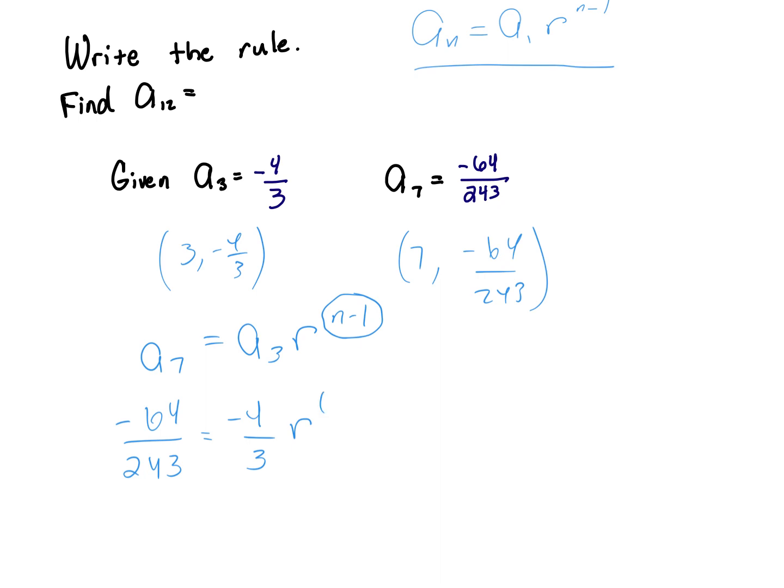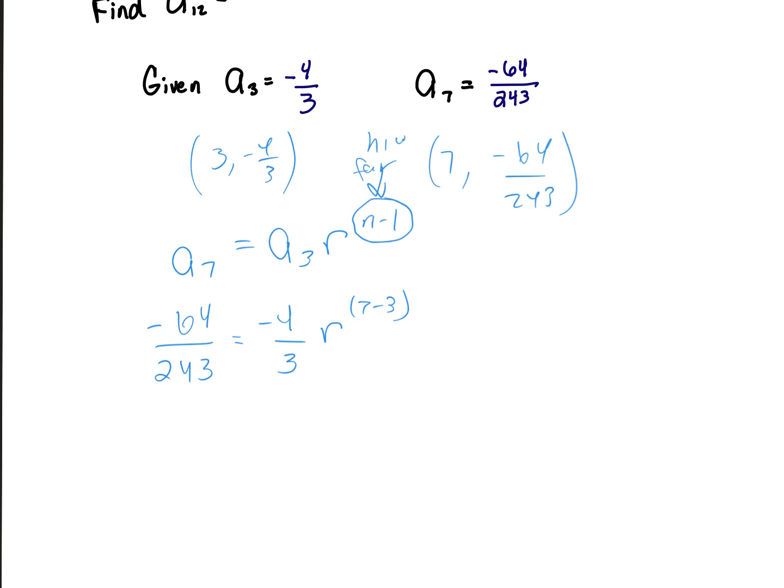So just say to the 7 minus 3 power. This is what this is going to tell us. So if we simplify this, negative 64 over 243 equals negative 4 over 3, R to the what? Fourth power. It's 4 spaces away.